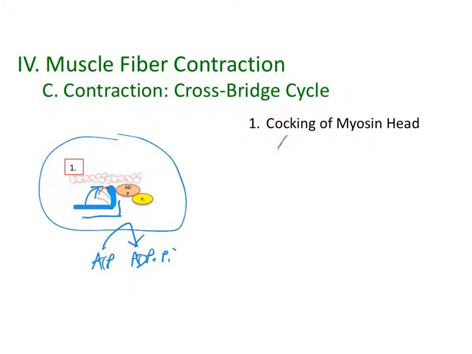So ATP goes to ADP plus Pi plus work, and that work is applied to myosin head, which cocks, entering its higher energy state.